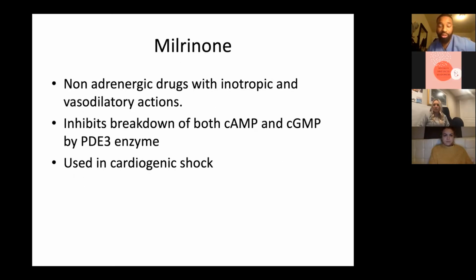All right, and then there's another one, milrinone. This is a non-adrenergic drug with inotropic and vasodilatory actions. This inhibits breakdown of both cAMP and cGMP by PDE3 enzyme, and this one is used in cardiogenic shock. So what two medications are good for cardiogenic shock that we just talked about?